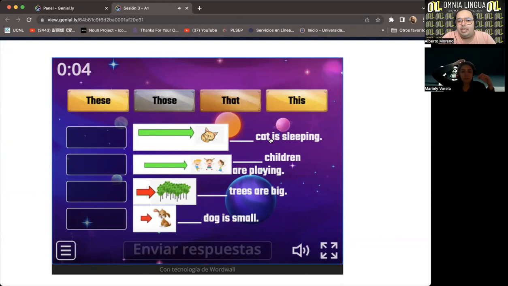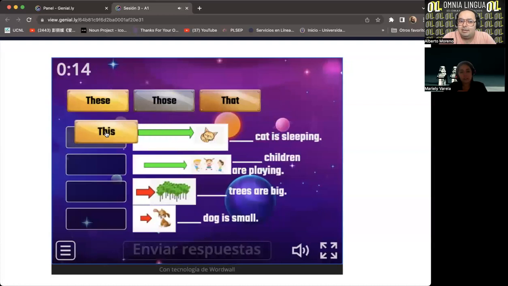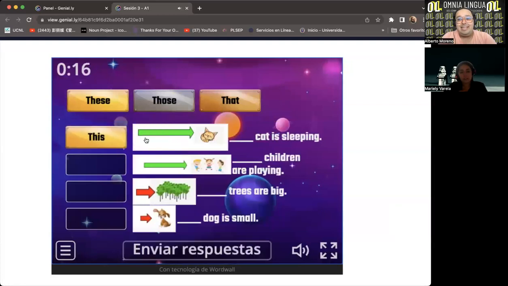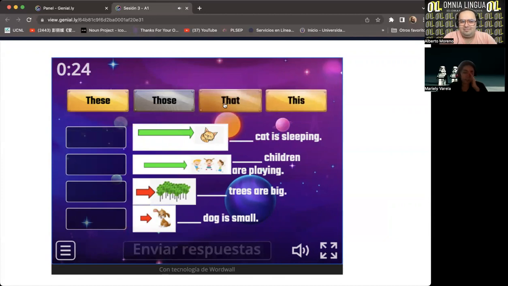So we have in here, "___ cat is sleeping." Which is the right answer? This, those, that, or these? That. Just remember, this is used for something that is close, and that is used for something far. That cat. I'm sorry.